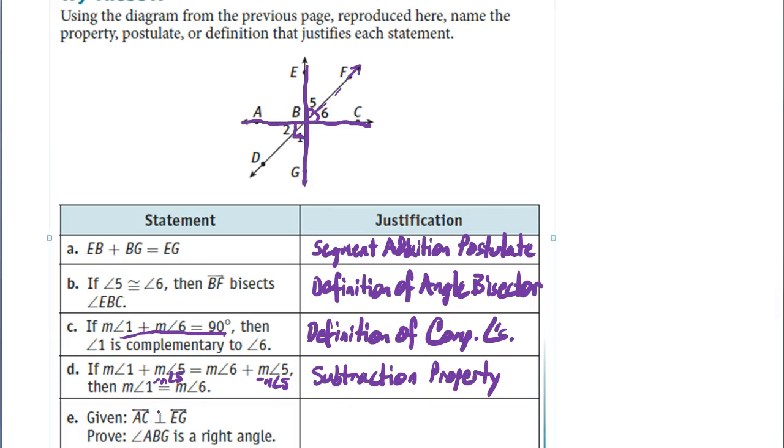Well, because that's what perpendicular means. That is the definition of perpendicular lines. So in this problem, we had 5 different questions, and each time we were practicing giving a justification for why the statements were made.